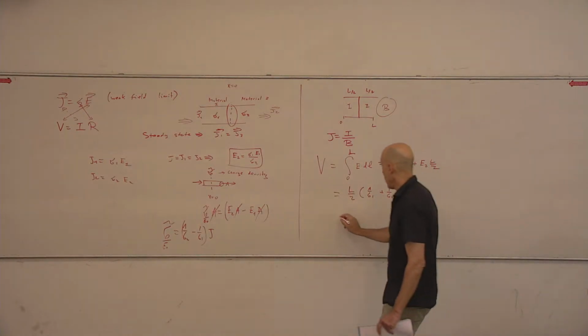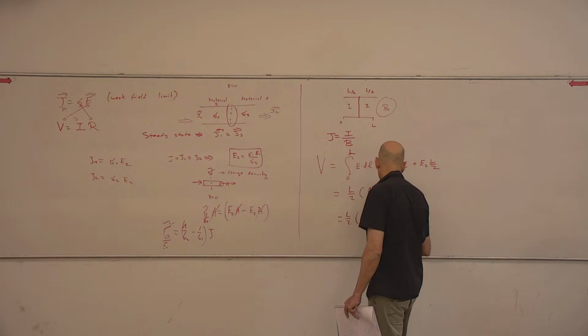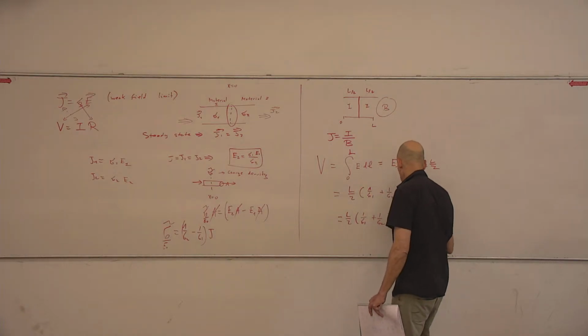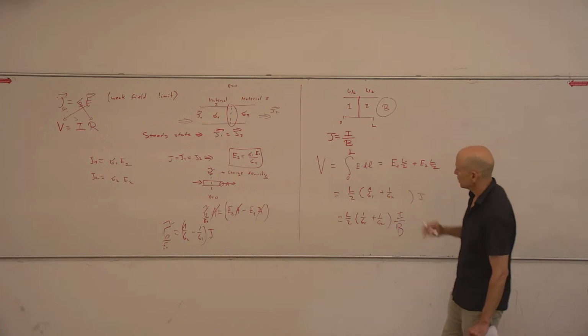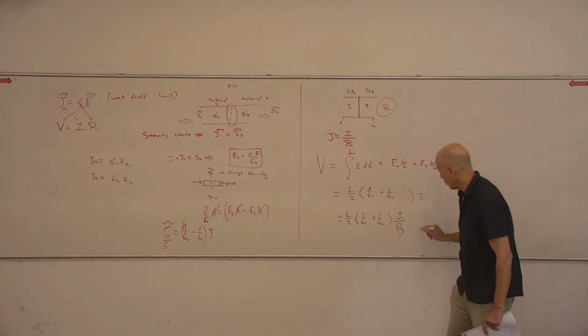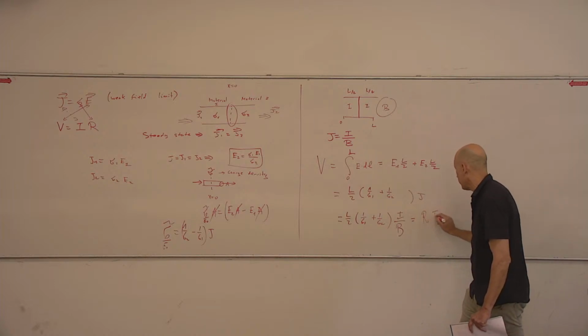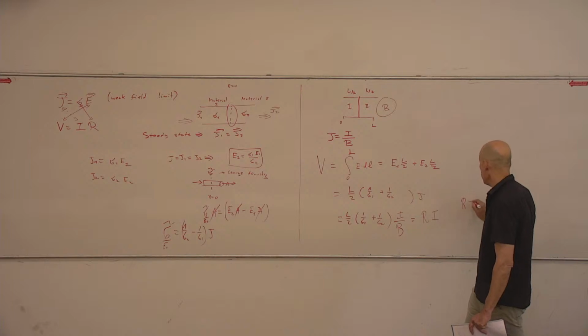So I need to continue. This is L over 2, 1 over sigma 1 plus 1 over sigma 2, I divided by B, which is this equation. So what is the resistance in this case? This is R, first of all. And what is R?